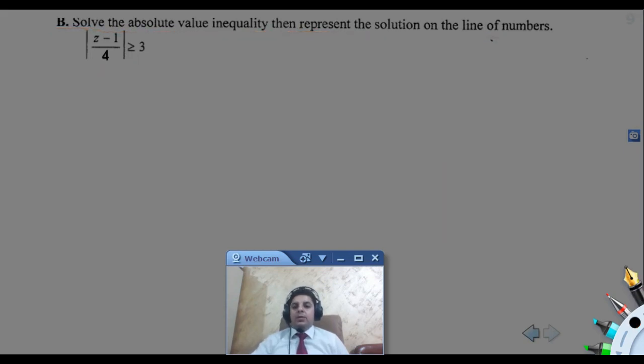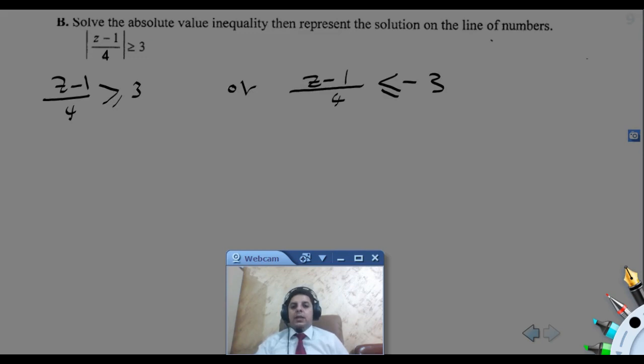By using the rule of absolute value greater than: (z minus 1) over 4 is greater than or equal to 3, or (z minus 1) over 4 is less than or equal to negative 3. That is the rule of absolute value with greater than.